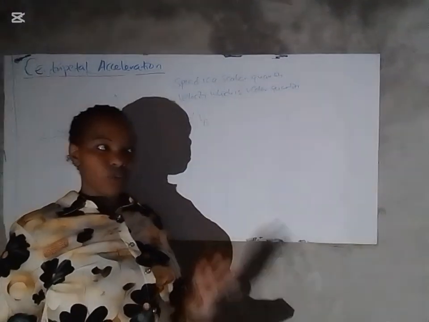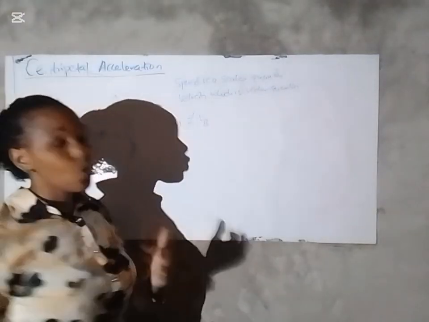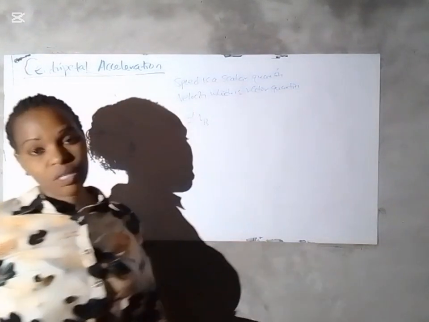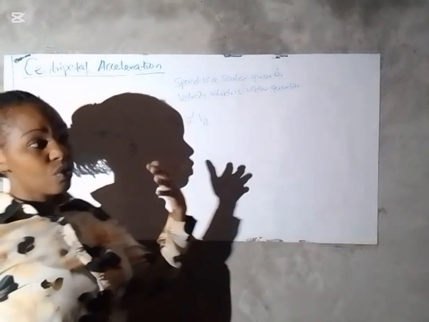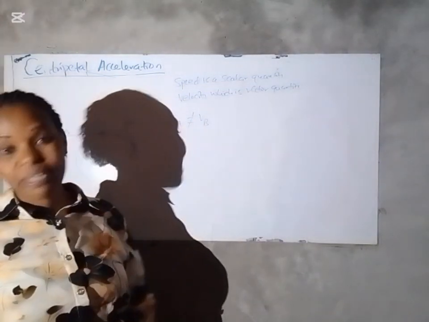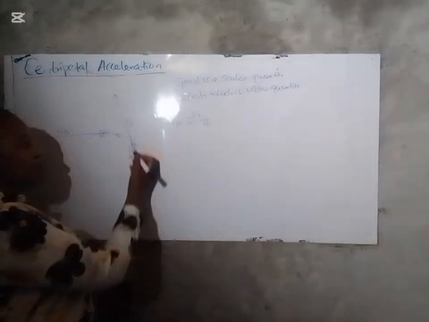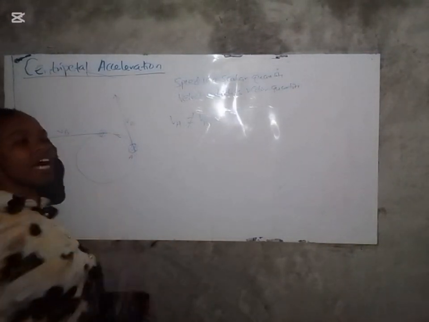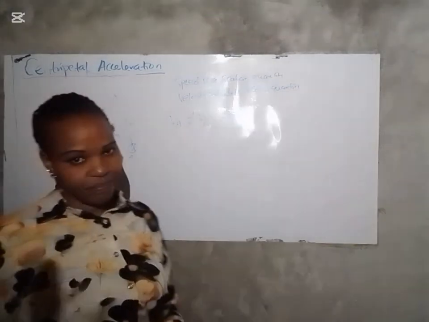Let's go to Newton's first law. In Newton's first law, we say a body should continue in the same state of rest or motion in a straight line unless it is acted upon by some external force. That means that for the velocity to change from direction A to direction B, there has to be some force applied.